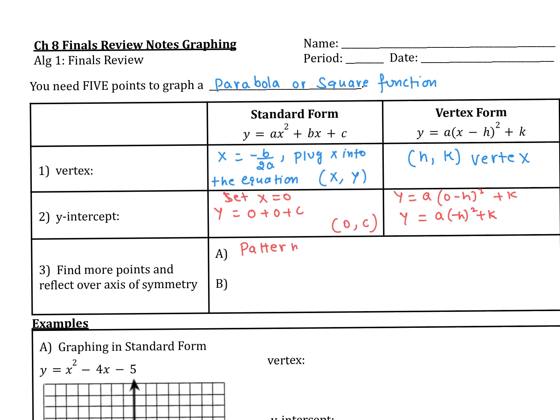The pattern from the vertex is go over 1 up 1, over 2 up 4, over 3 up 9, and you can find as many points as you need from this pattern. For the reflection, you're going to make the upside down graph. So you're going to make the graph that looks like this, and that would be a reflection over the x-axis.